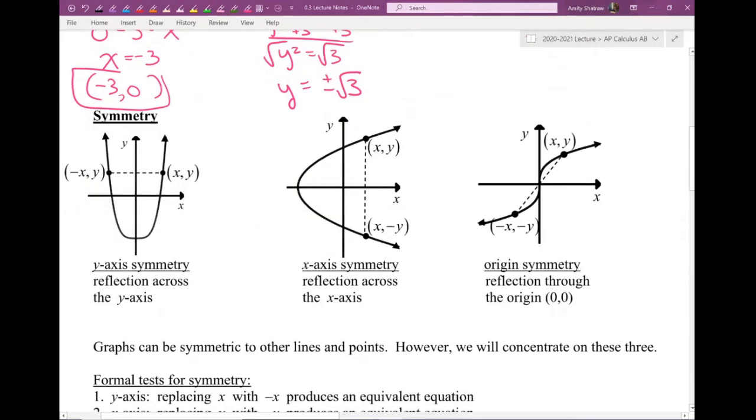When we look at symmetry, it's important for us to be able to say whether or not we think a shape has any symmetry, and if it does have symmetry, on what axis does it have symmetry. We have y-axis symmetry, and we have x-axis symmetry, and then we have the symmetry that y equals x.